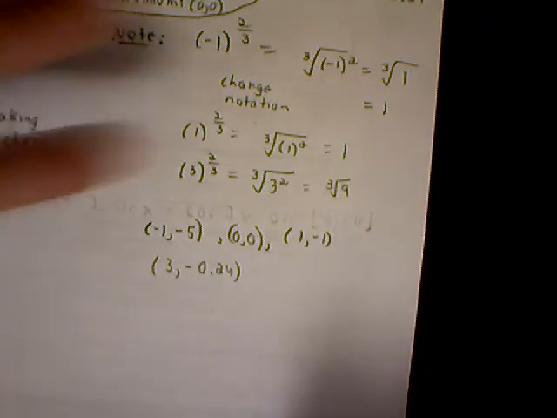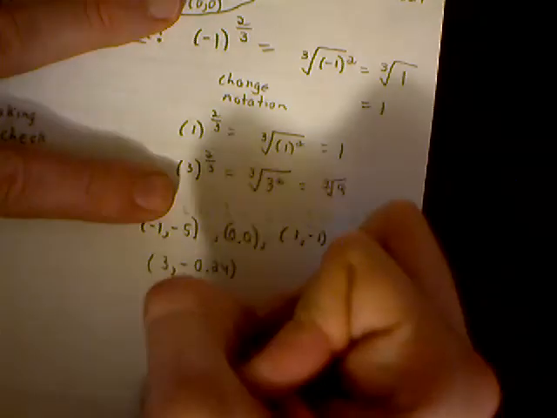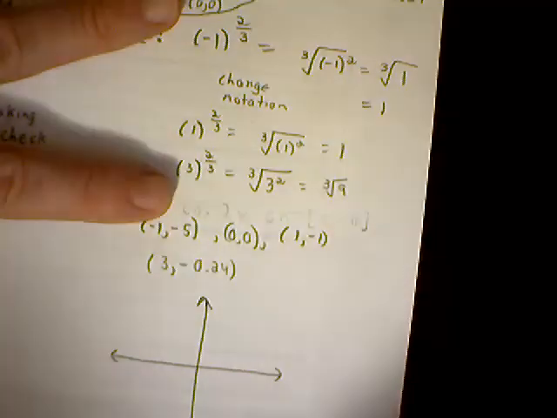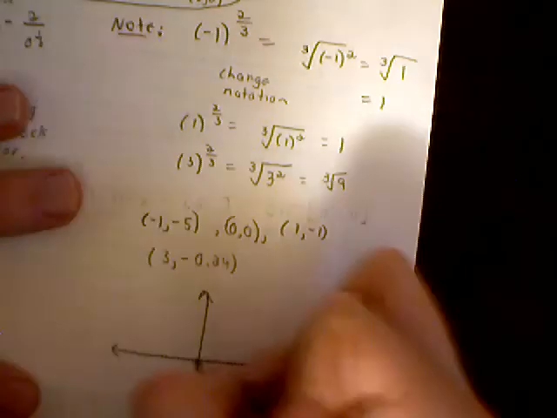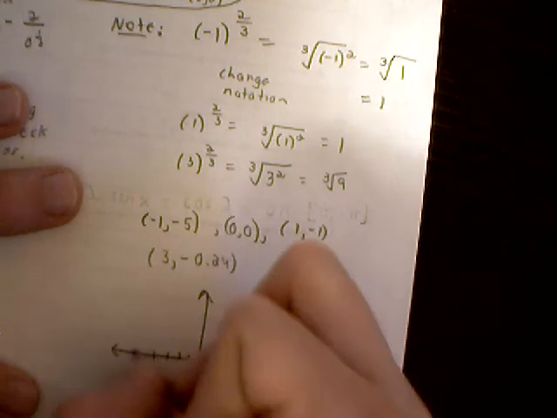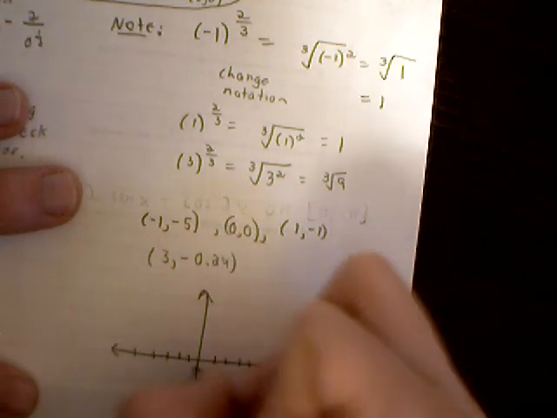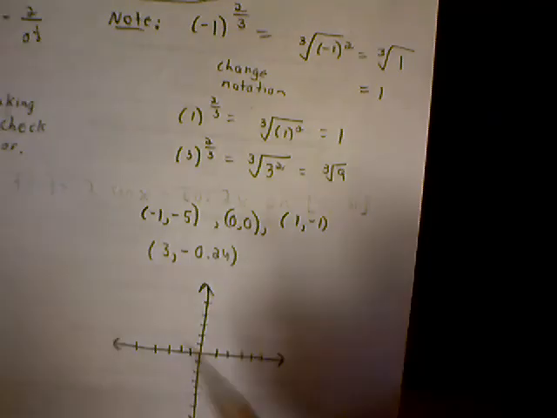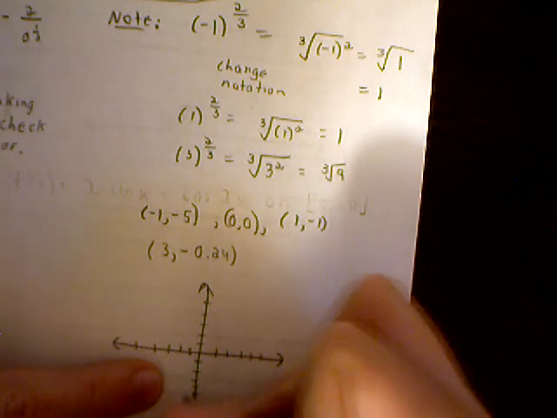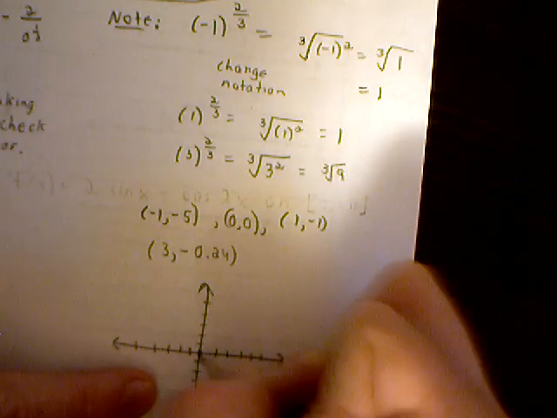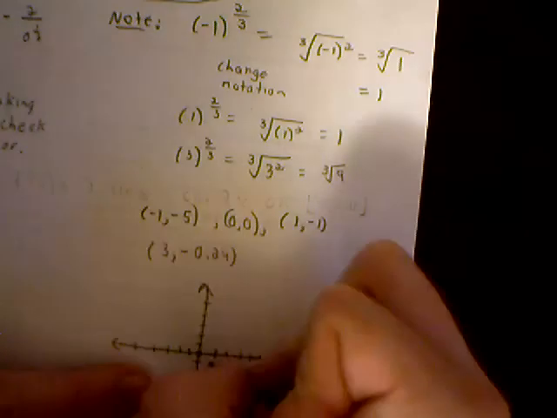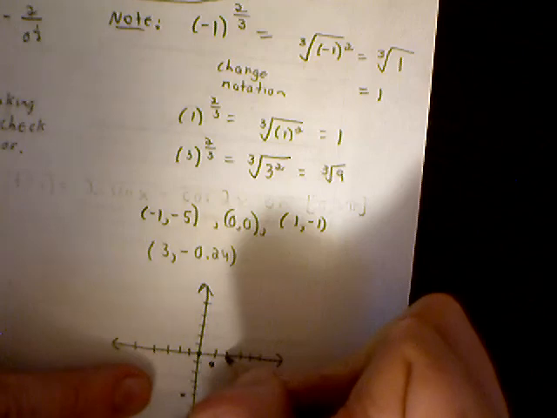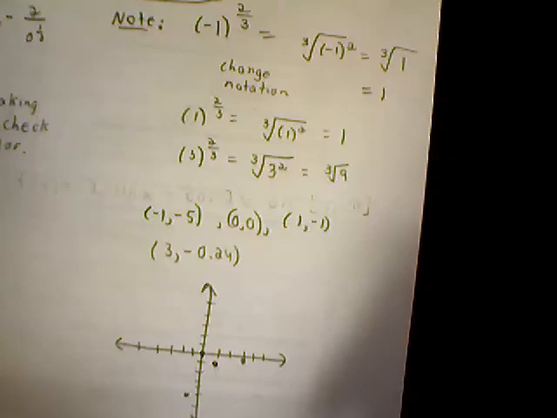So if I graph these points that I found, I got -1, -5, 0, 0, 1, -1, 3, -0.24.